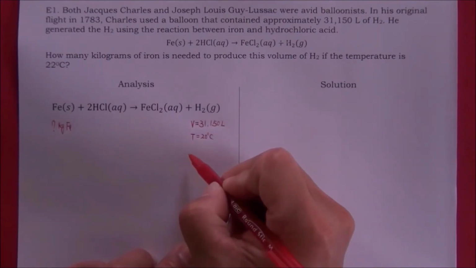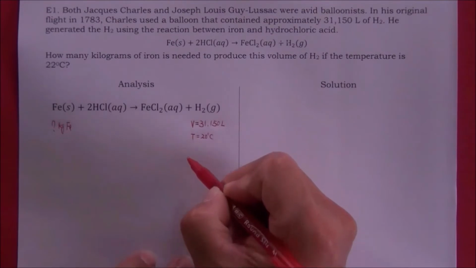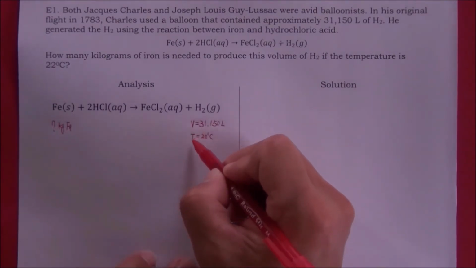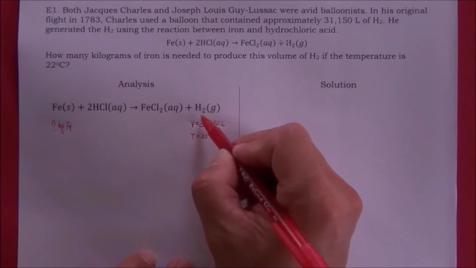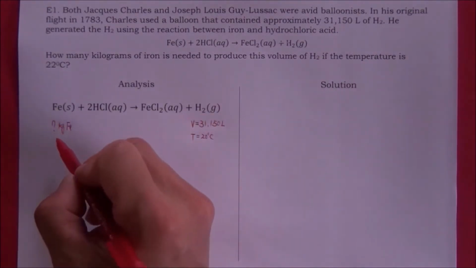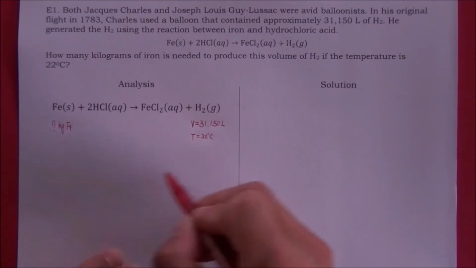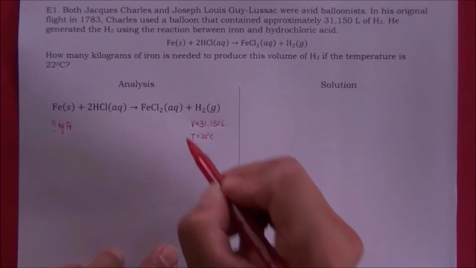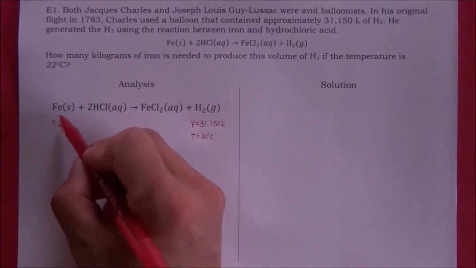After we finish summarizing the information, let's see what kind of calculation this can be. We are provided the volume and temperature of hydrogen gas, which is a product of this reaction. And we need to calculate the mass of Fe in kilograms. There is only one kind of calculation that can allow us to convert from a product into a reactant.